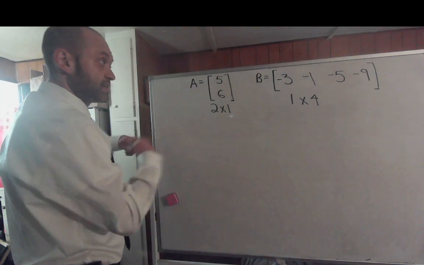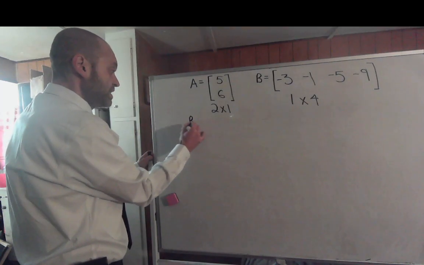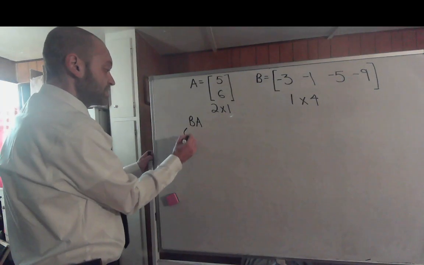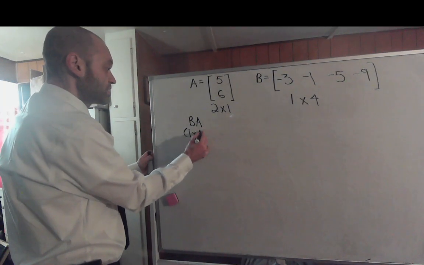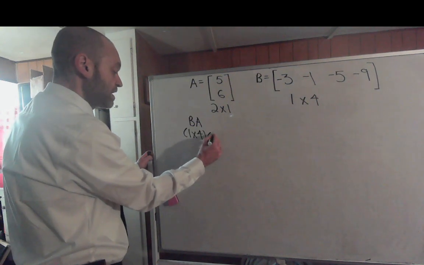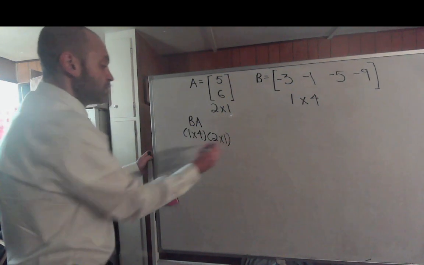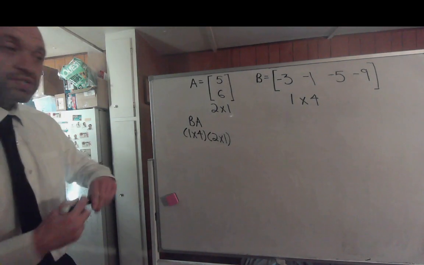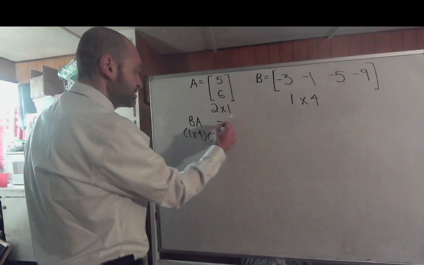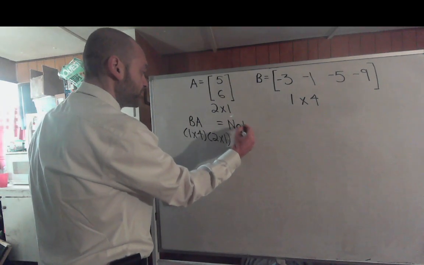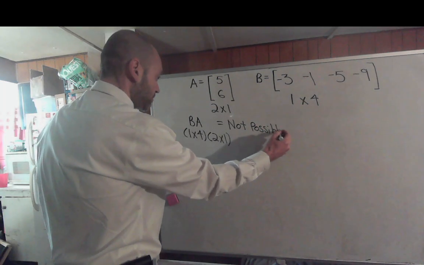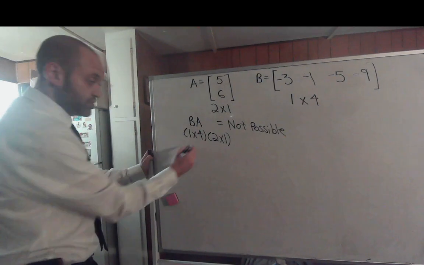Alright, so let's determine, can we do matrix BA? Is it possible? Well, matrix B is a 1 by 4 matrix. Matrix A is a 2 by 1 matrix. Well, the number of columns in B does not equal the number of rows in A, so matrix B times A is not even possible. Now the last question, can we do A squared?